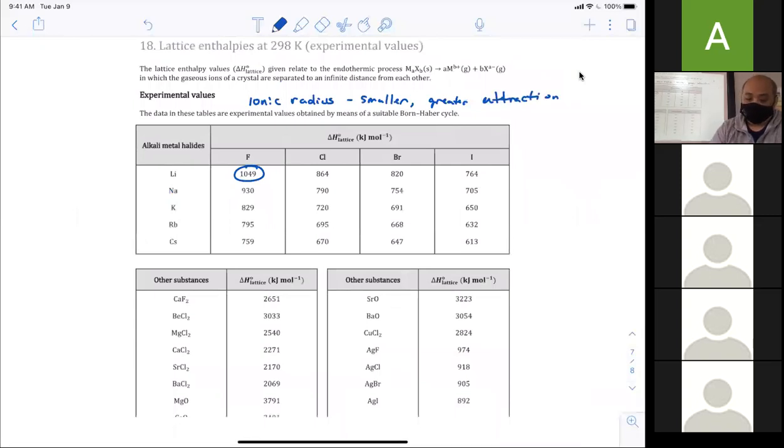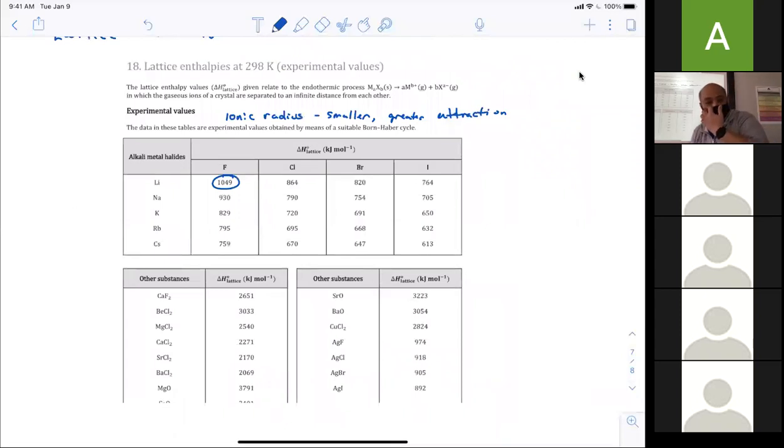This is a common thing they'll do on multiple choice, because in multiple choice you don't have the data packet. They'll say, here are 4 ionic compounds, which one has the highest lattice enthalpy? So you'd look at the ionic radius if all the charges are the same.